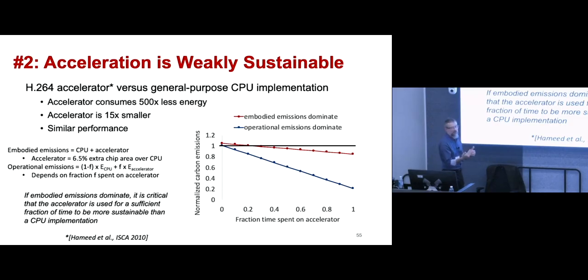If we use the accelerator, it's going to be way more efficient than using the CPU to get the work done. So depending on how often we use the accelerator, we may end up with a different total carbon footprint. I've considered two scenarios: where the embodied emissions are dominating, alpha equals 0.8, and where the operational footprint is dominating, alpha equals 0.2. So depending on the fraction of time that we spend on the accelerator, it will be sustainable or not.